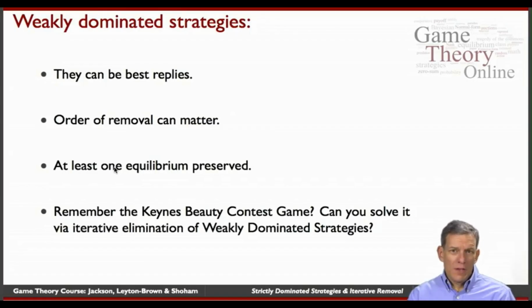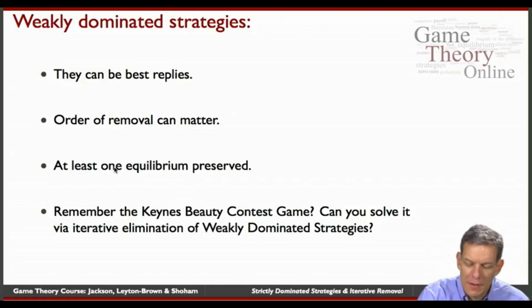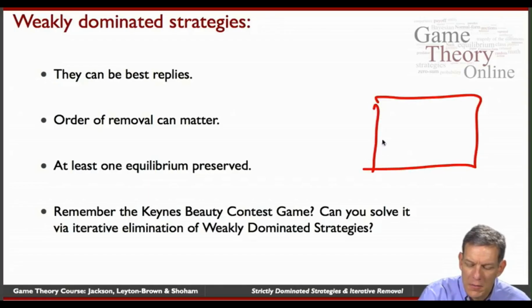But one thing that's true about weakly dominated strategies is that sometimes they could be best replies, right? So a strategy could be weakly dominated and still turn out to be a best reply. How could that happen? Let's suppose we look at a very simple game where the row player can go up or down.